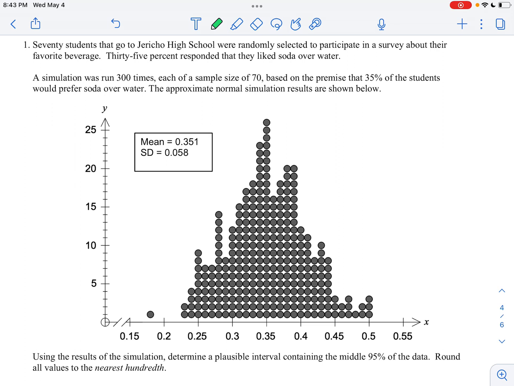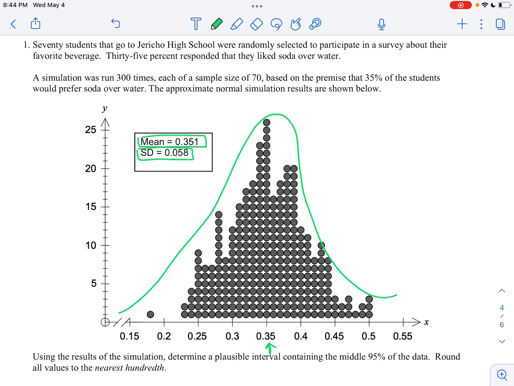So they made 35% the average, the middle. You can see in this normal-looking distribution that 0.35, 35%, is the center. From the readout, 0.351 is the average of the distribution, and the standard deviation is 0.058.